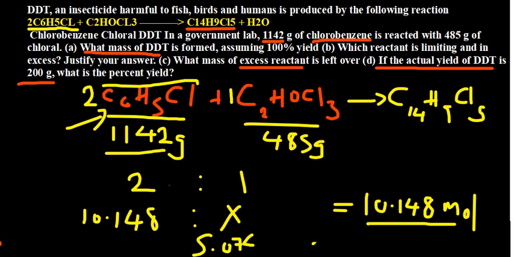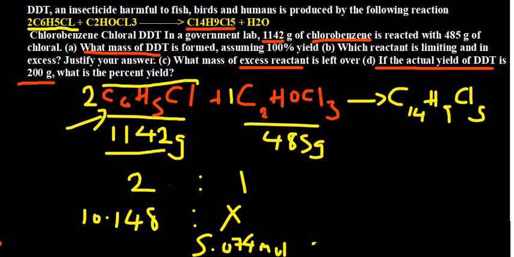That tells you that these are the number of moles of the chloro that are required to react with the given number of moles of chlorobenzene in this reaction. Okay, so now we've determined what is required by the number of moles that are available.